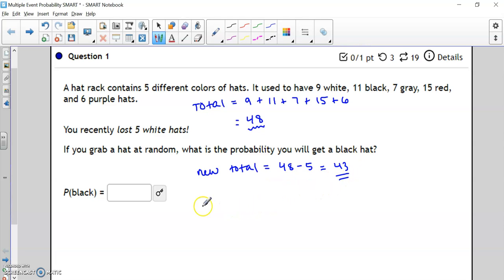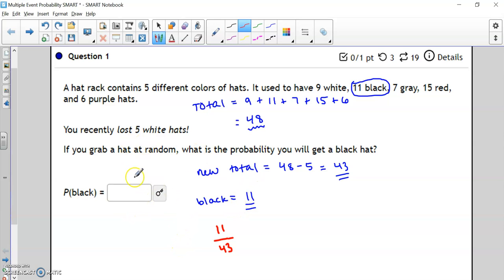So black hats, we have 11. So we know that there's 11 black hats and there's 43 total in our new situation. So to find this probability, we just want to say, okay, well, 11 over 43 is the probability of picking a black hat after we lost 5.